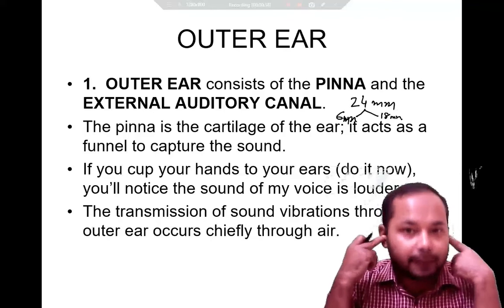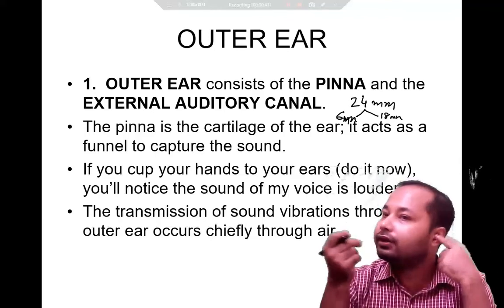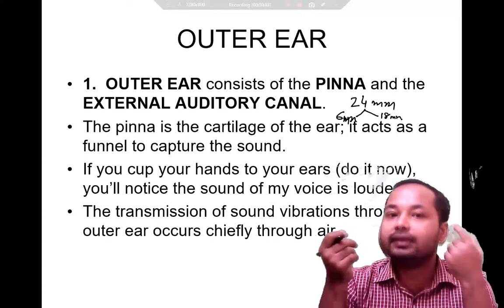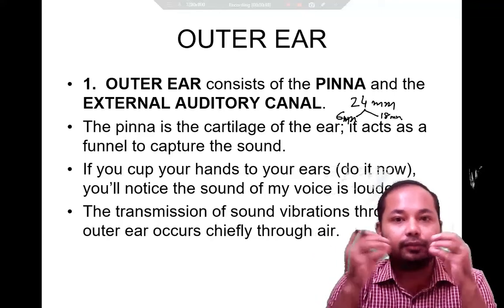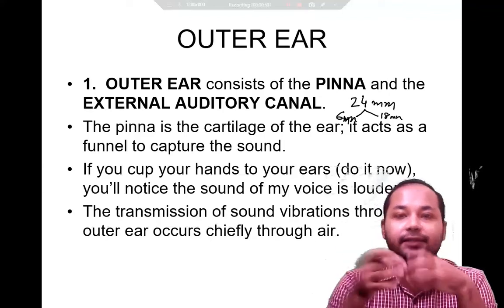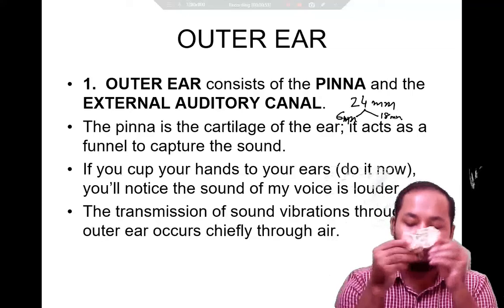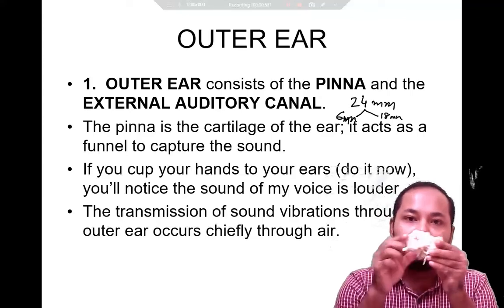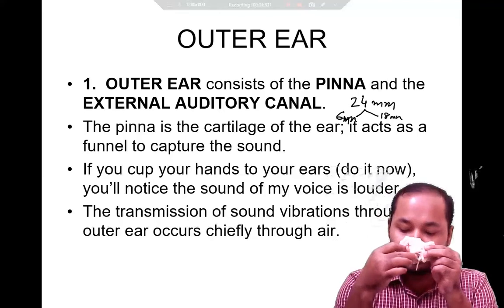So the outer part, when you enter inside the external auditory meatus, is the cartilaginous part at the entrance, and when you go inside you have got the bony canal, which is inside the special bone called the temporal bone. I think you have seen the temporal bone. This is the temporal bone, and here is the bony part which is starting here. This is the external auditory meatus.